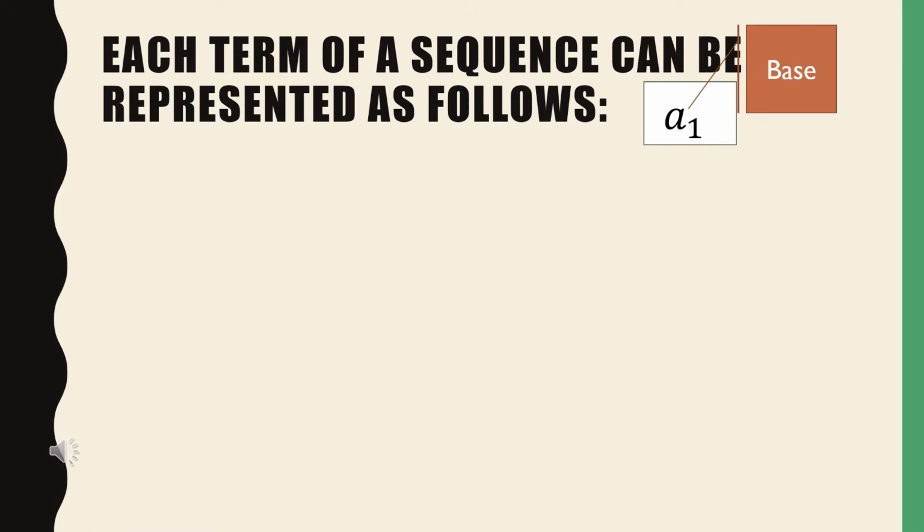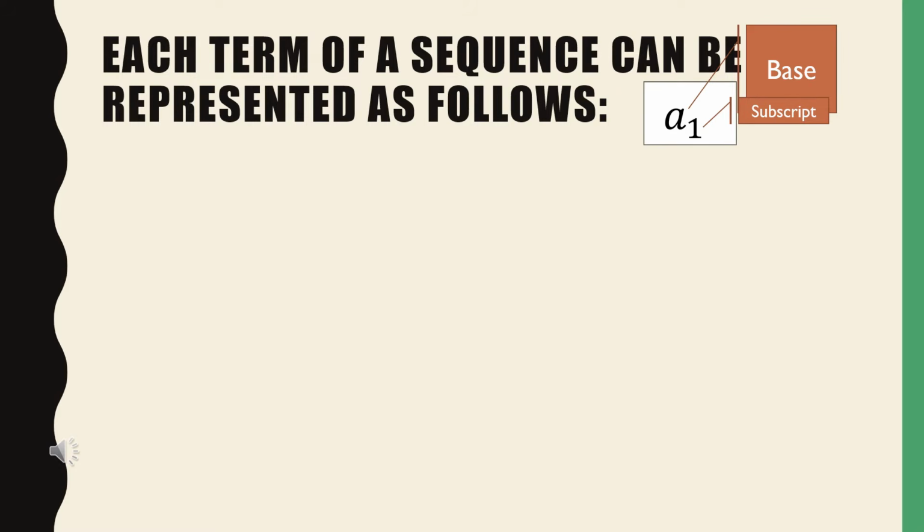A is the base, and the tiny little number on the lower right of A is called the subscript. We can read this as A sub 1, because 1 is a subscript of A, but in our discussion I will just read it as A1.